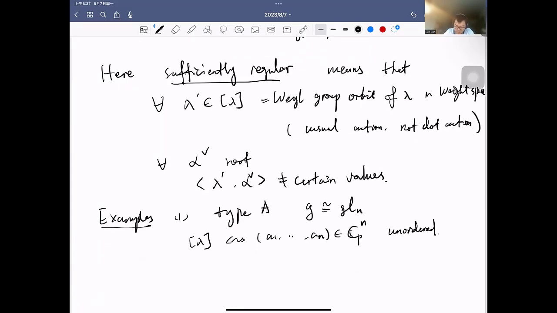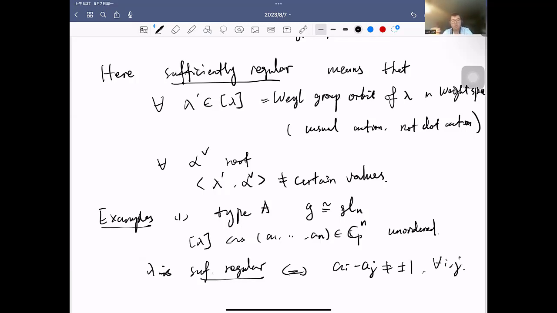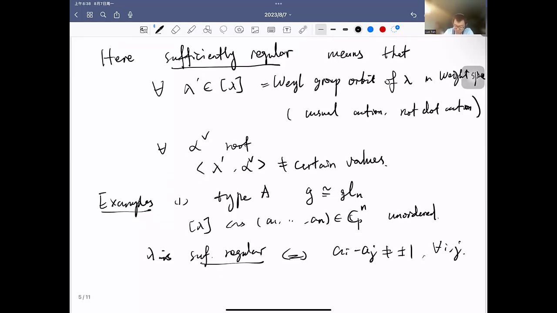And then lambda is sufficiently regular simply means that ai minus aj is not equal to plus or minus 1. Because if I do not shift by rho, for a dominant weight, it's exactly the same as the condition of being regular. Okay, so this is for type A.